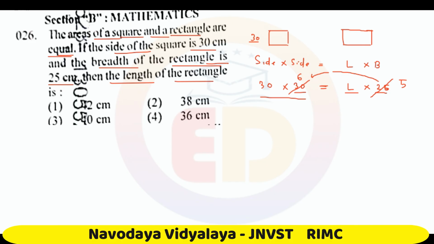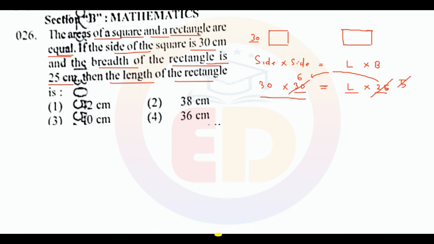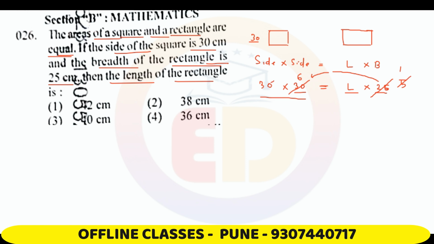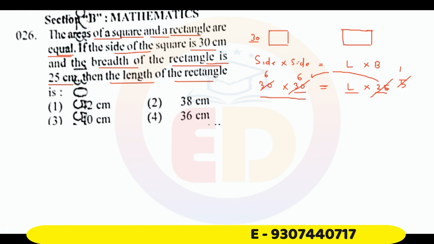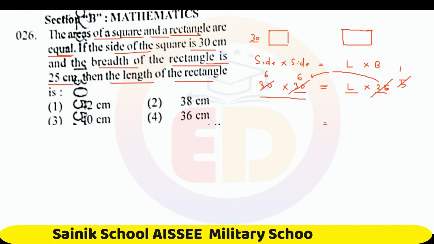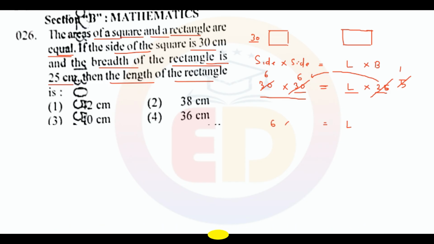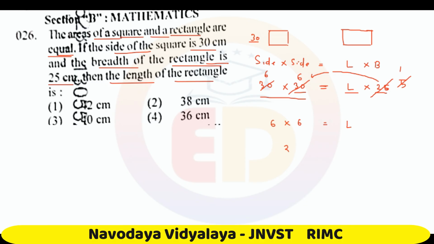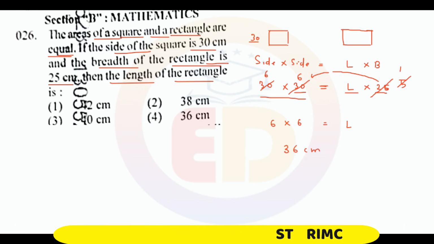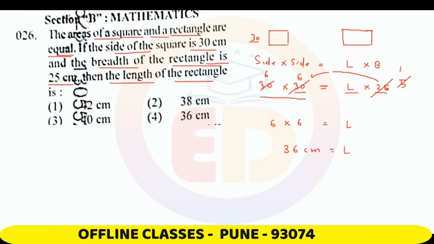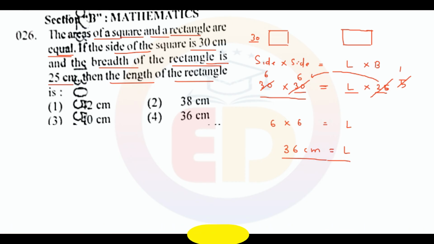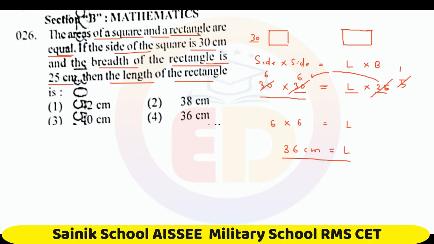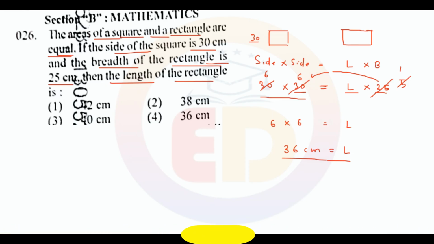Again I have a 5 on the right hand side, cancel by 5. 5 1s are 5 and 5 6s are 30. So on the right hand side I have length, and on the left hand side we have 6 into 6, which is 36. The units are given in centimeter, so the length will be 36 centimeter. Answer is option number 4.